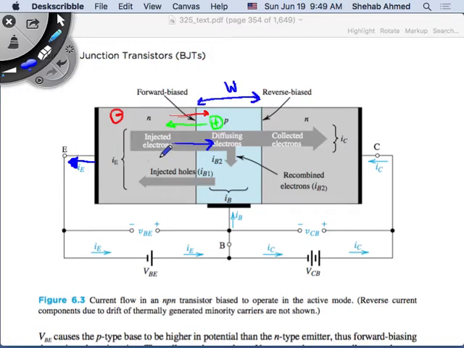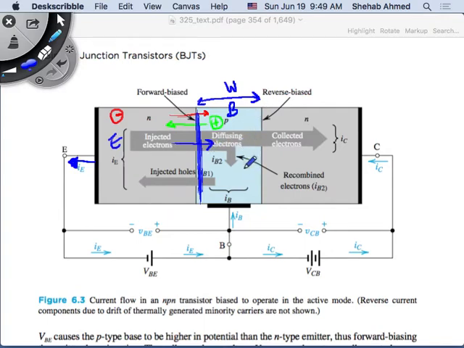But what does the concentration look like? Since they are diffusing from the emitter side to the base side, obviously the highest concentration will be at the junction, right? And then as they move along, they will find holes to recombine with, and there are a lot more holes than electrons in the p-side material.